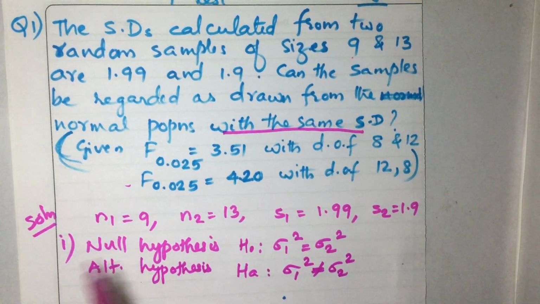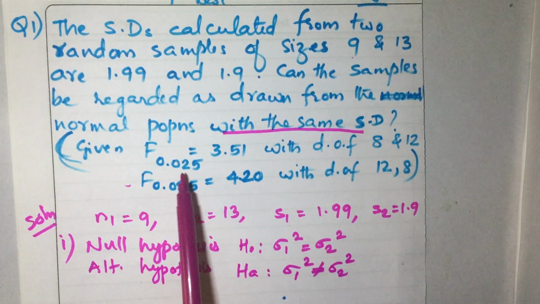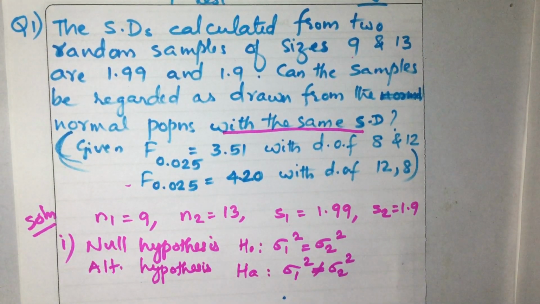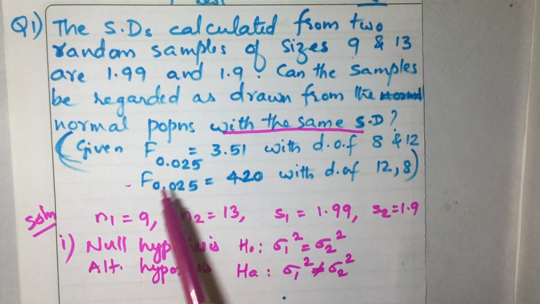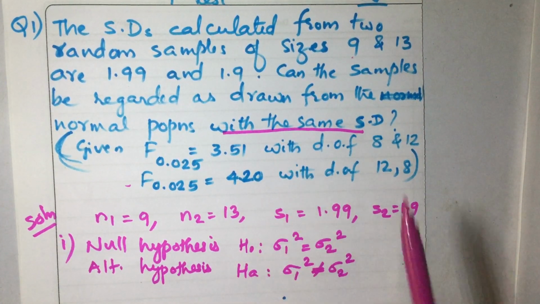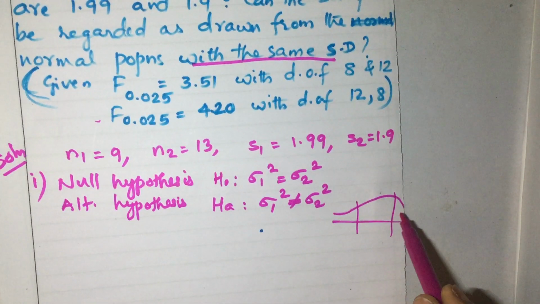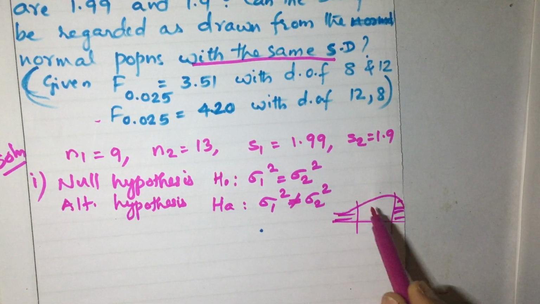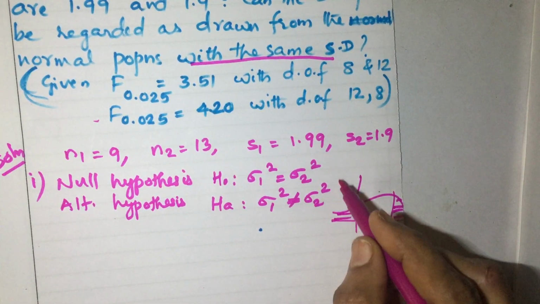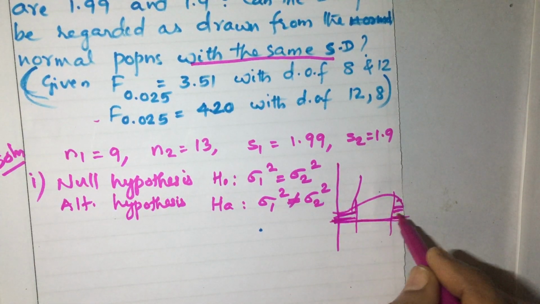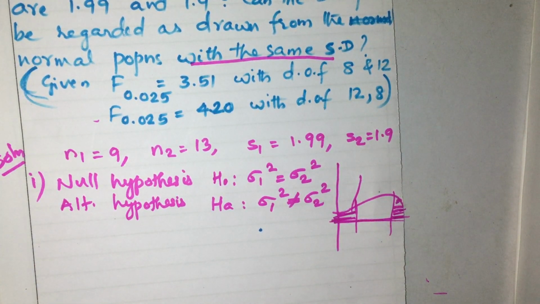From this, see here the table value is given as 0.025. So what could be the level of significance? It will be double of this one. That means here it is two-tailed. As I have shown you earlier, the rejection region will be on these two parts if you draw the curve, so it's a two-tailed test.